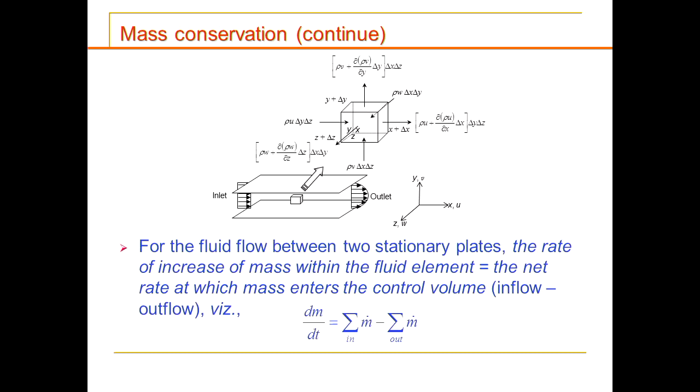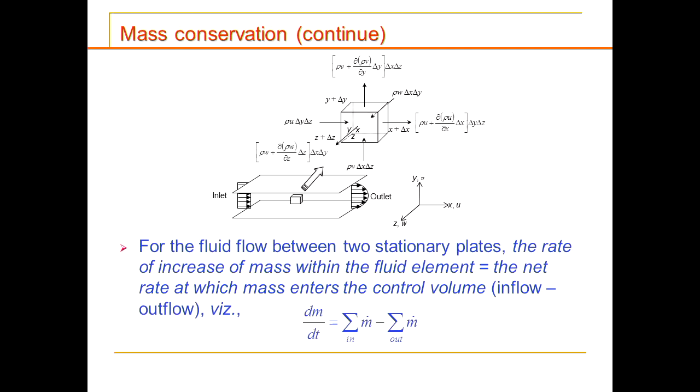As we know, dm by dt equals, that's simple, in: rho u dy dz, minus out: rho u plus d rho u by dx dx, dy dz. These two terms are equal, so we can take them off.